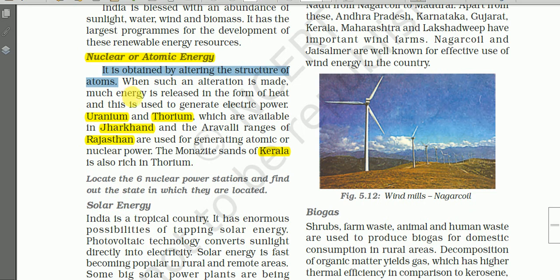When such an alteration of atomic structure is made, much energy is released in the form of heat. This is called fission, and this is used to generate electric power.